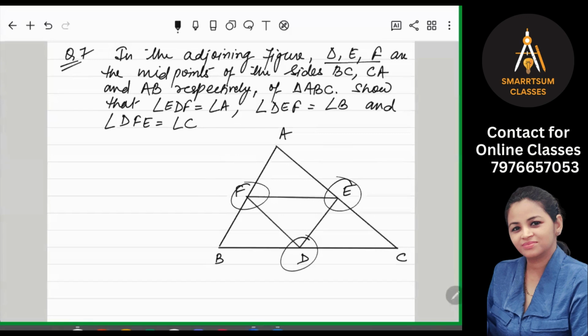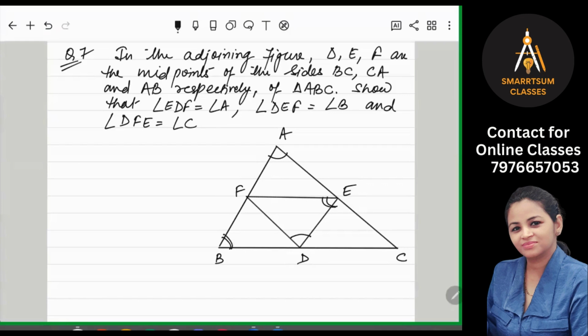Now you have to show that angle EDF is equal to angle A. You have to show this. Angle DEF, this one, is equal to angle B, this one.